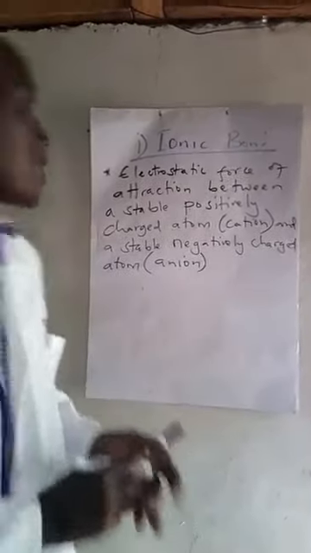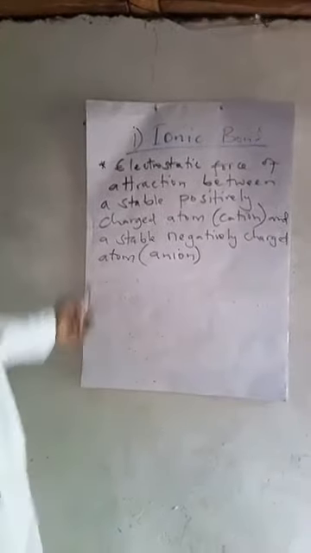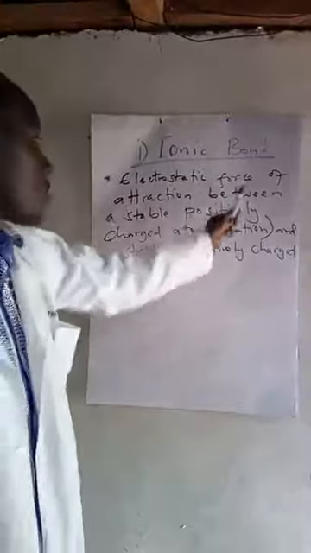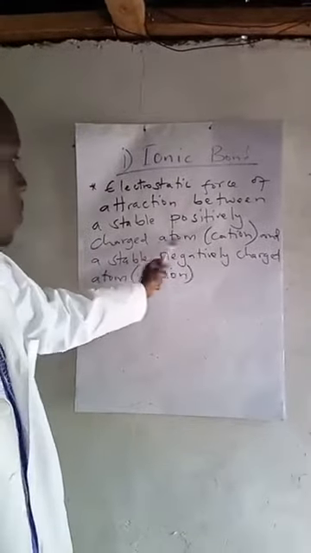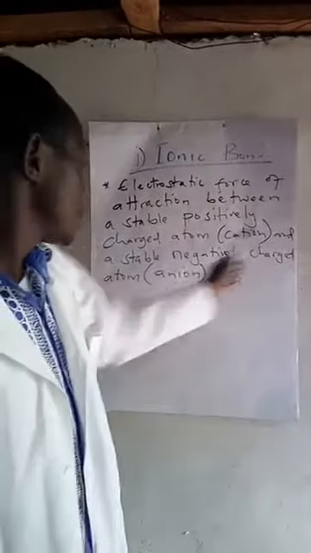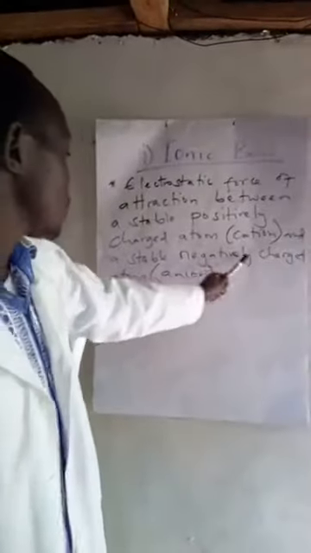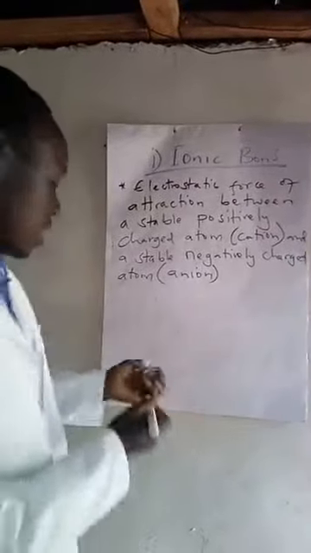So that is ionic bond, defined as the electrostatic force of attraction between the cation and the anion.